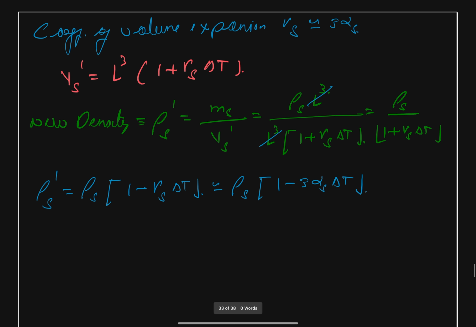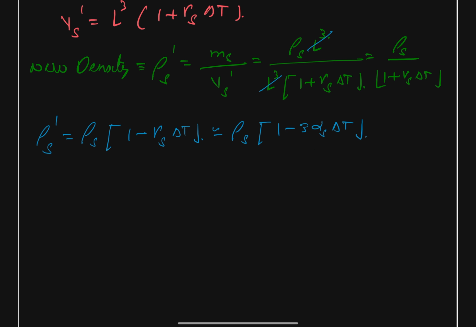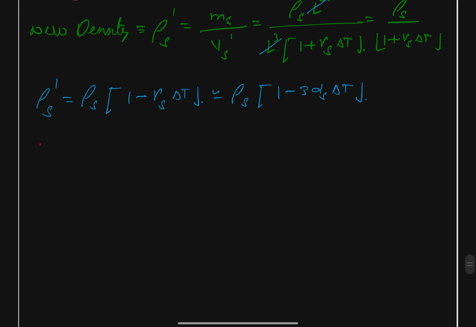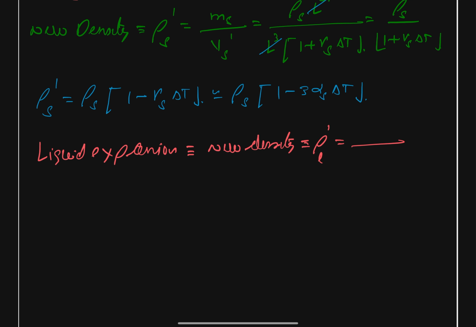Now we come to the liquid expansion. For liquid expansion, we are given that its volumetric expansion is gamma L. Therefore, the new density, rho L prime, will be equal to the original density divided by (1 plus the volumetric expansion multiplied by delta T).